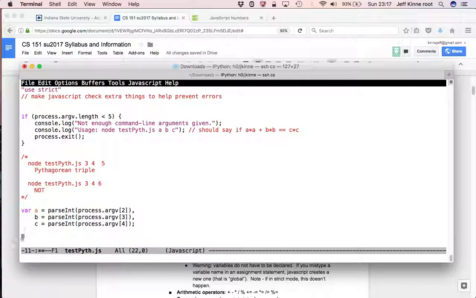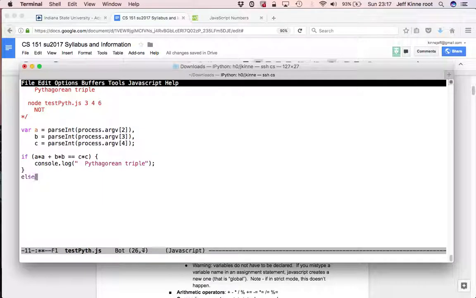Okay, let's put our test in. A times A plus B times B equals C times C. Then I would print, and maybe I'll put a little space there just to offset it, and otherwise console.log not.